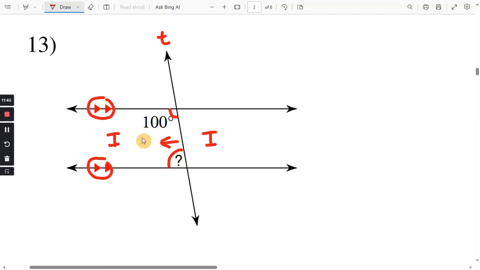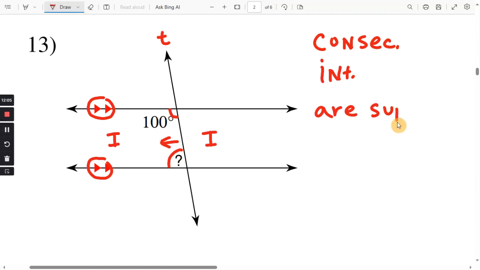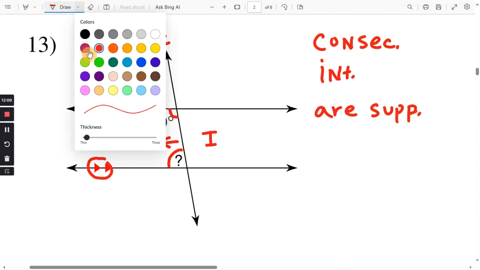Since they're on the interior, we'll say interior. And they're both on the left, or the same side. We call that consecutive. Consecutive interiors, we said in the notes, are supplementary. That means they add to 180.